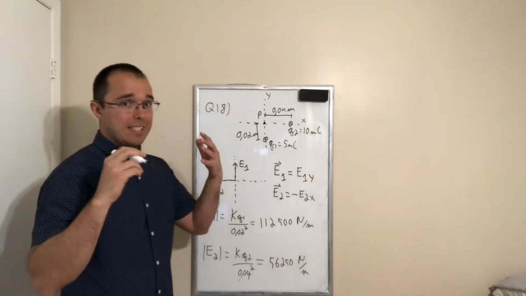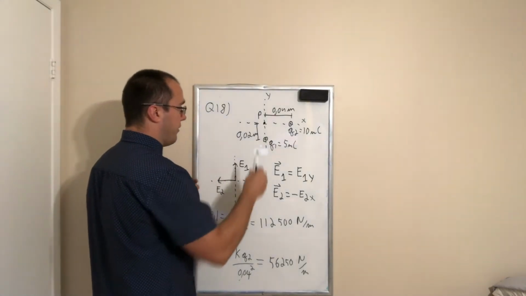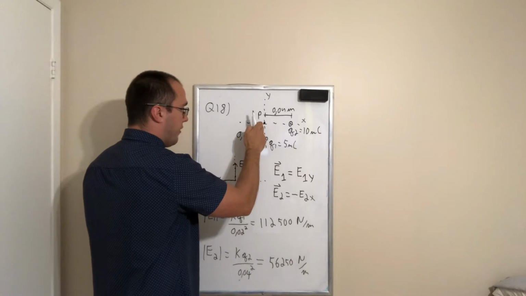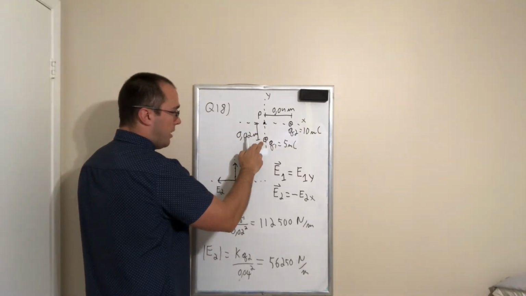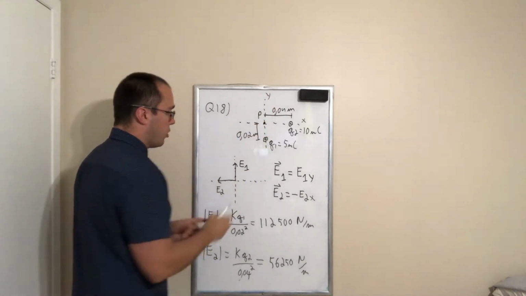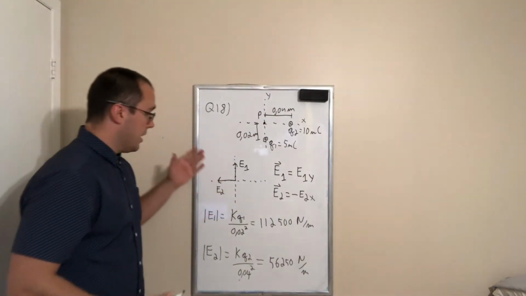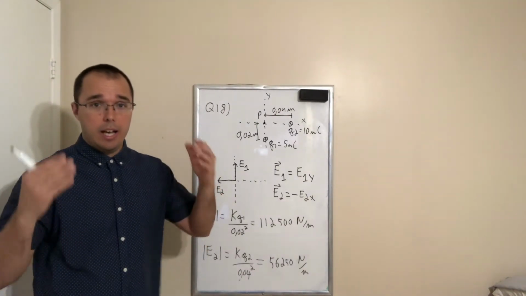E1, following similar logic, this first charge is emitting electric field lines in all directions outward. So from the point of view of the origin, the electric field lines coming from Q1 are pointing upward. So E1 is pointing upward. Now notice, this simplification will help a lot. These two vectors are already in 1D.